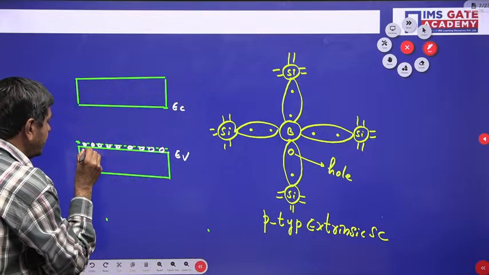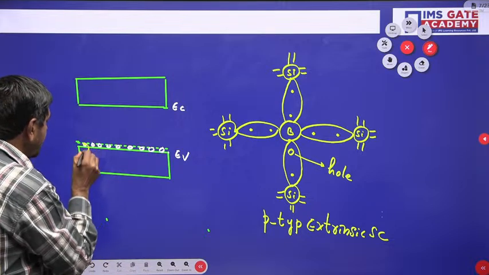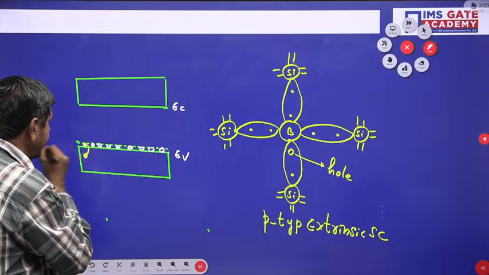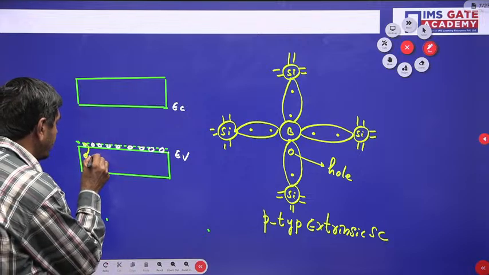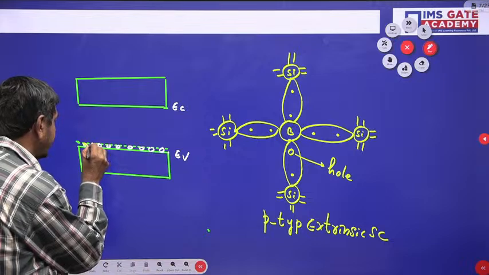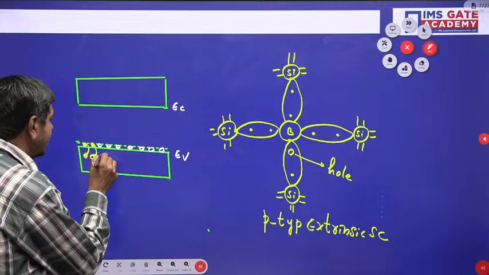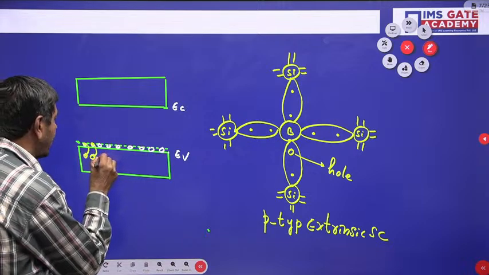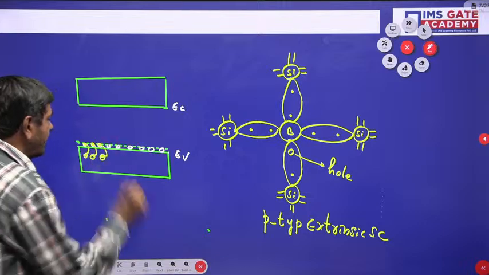The electron will try to move and occupy this hole. When the electron occupies the hole, it creates a hole there. Then one more electron is going to move from here to here and occupy this hole, thereby creating one more hole. Like that, a certain number of holes are occupied by the electrons.